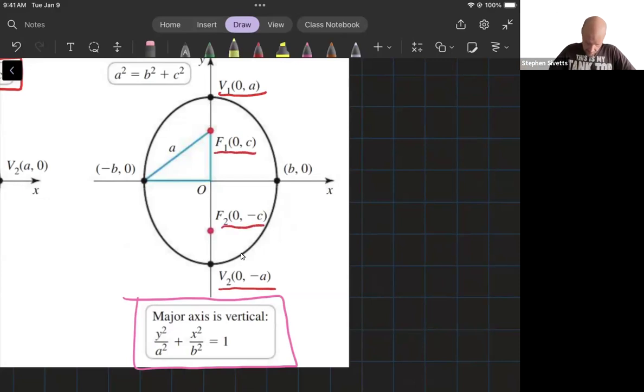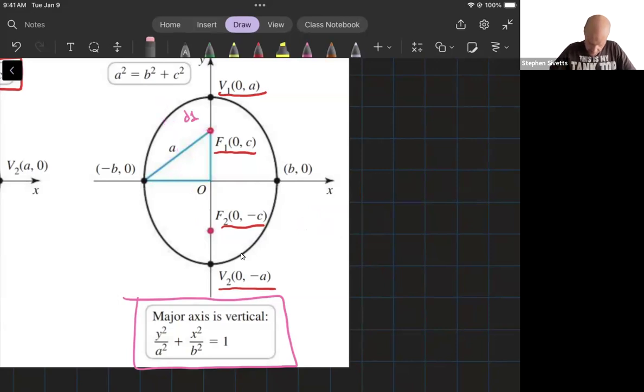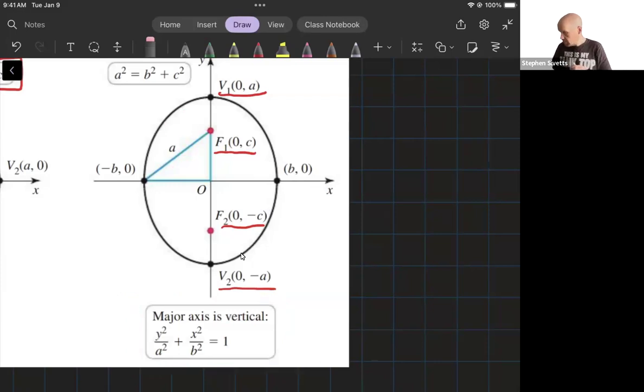Nevertheless, it still obtains the property that the definition of the ellipse is where the distances added together, absolute value D1 plus D2, is equal to 2 times a, a constant. So it obtains that definition, okay?